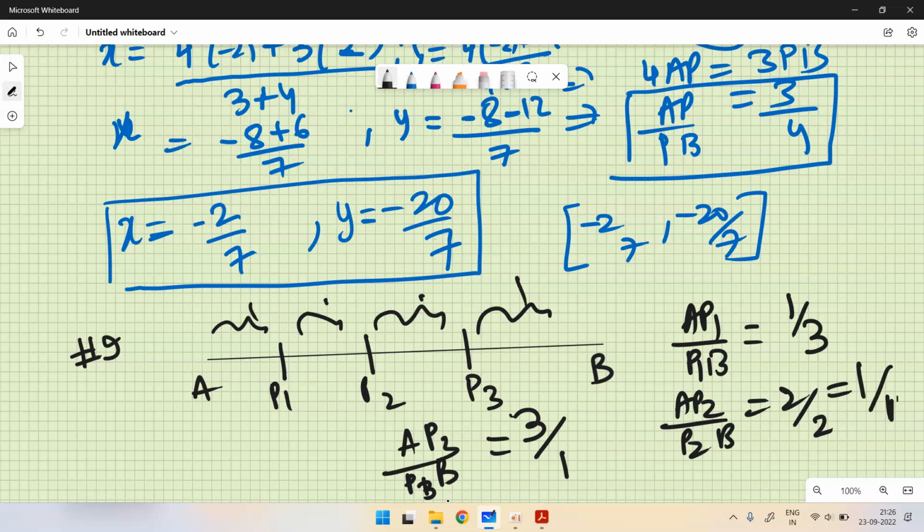Solving this, taking the respective ratios, the coordinates of P1, P2, P3 can be found as A and B are given. You can easily find this. Now I'm directly jumping to question number 10.